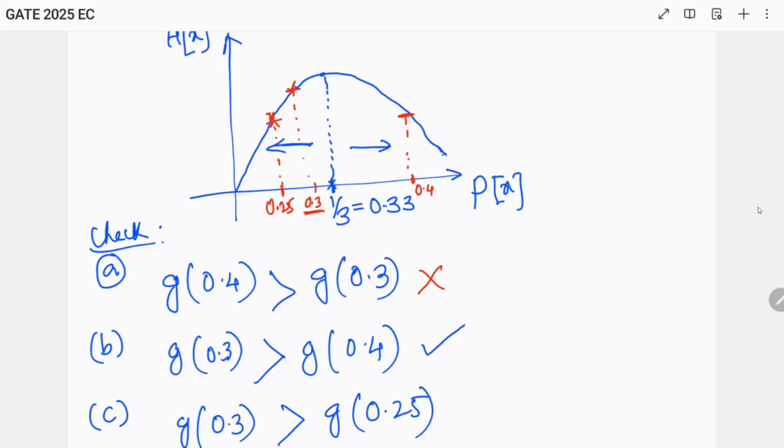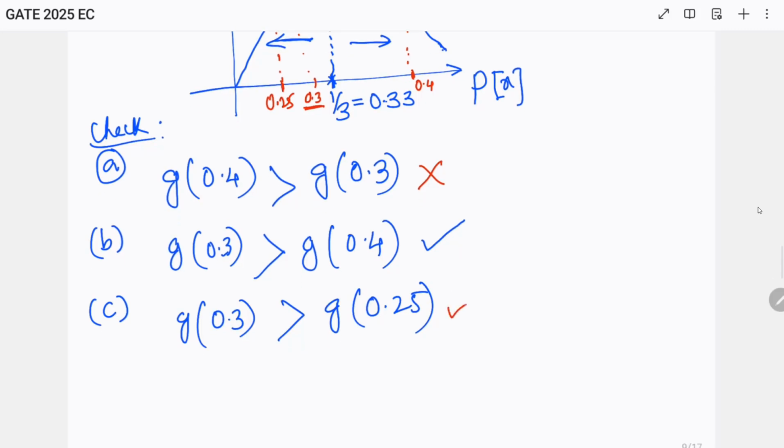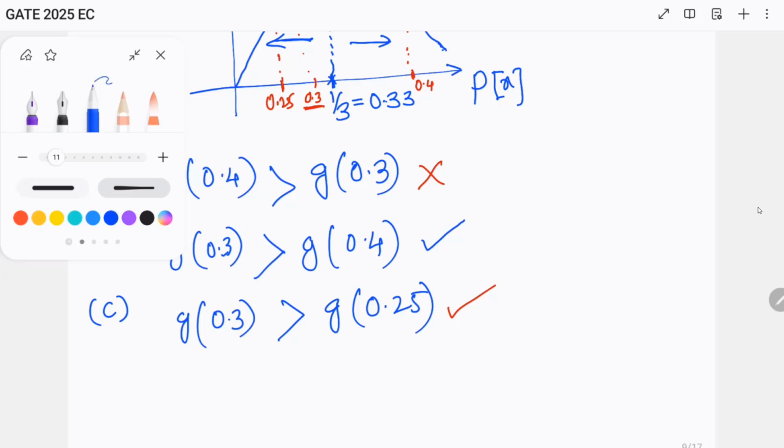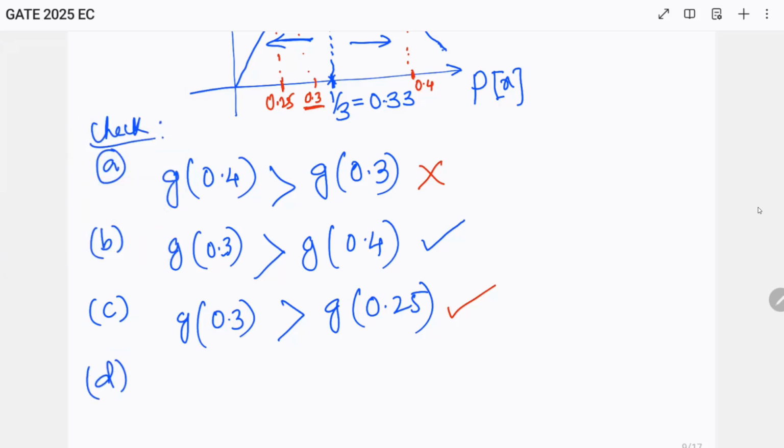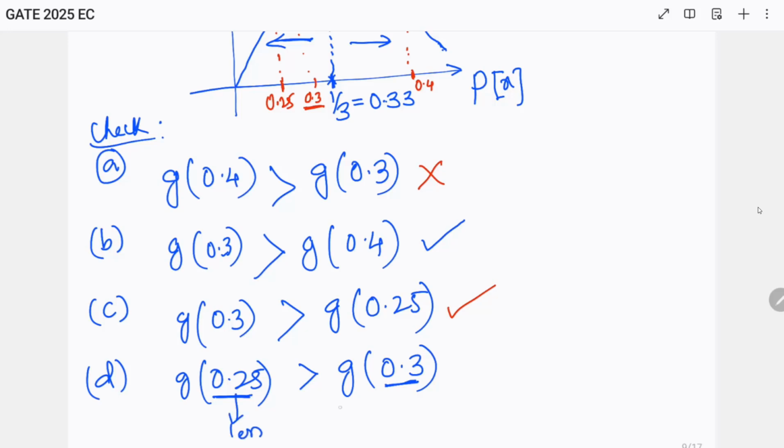So this statement is also true. Coming to option D: g of 0.25 is greater than g of 0.3. Near 0.3 is the maxima, so the value at 0.25 should be less than that, so this is wrong. So option D is wrong.